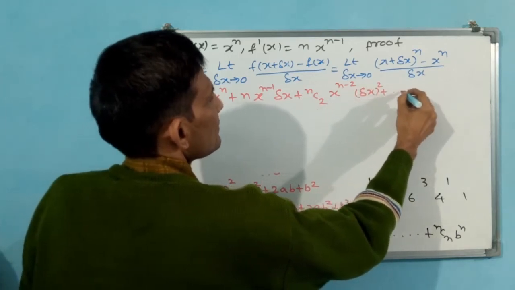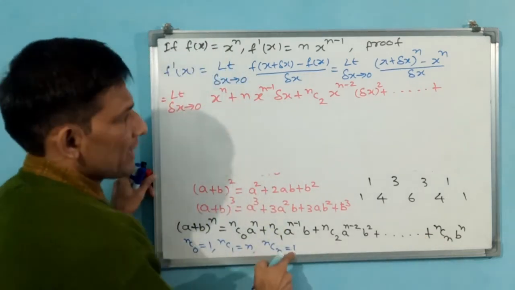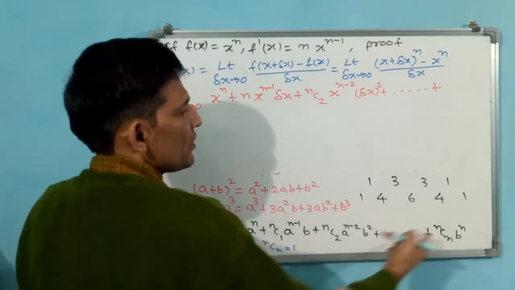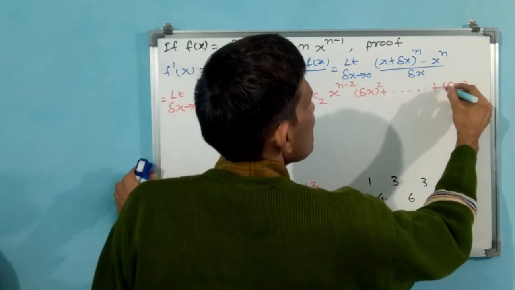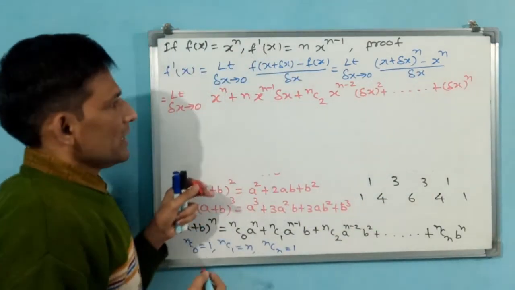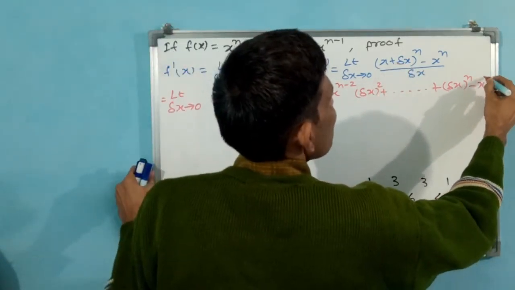Plus. Now NCN. NCN is 1, you need not write 1. B power n, B is delta x, so delta x power n. Okay. See, this is only this one. But minus x power n is there.